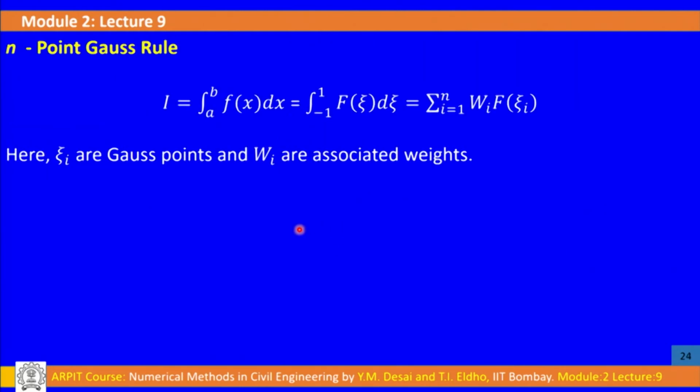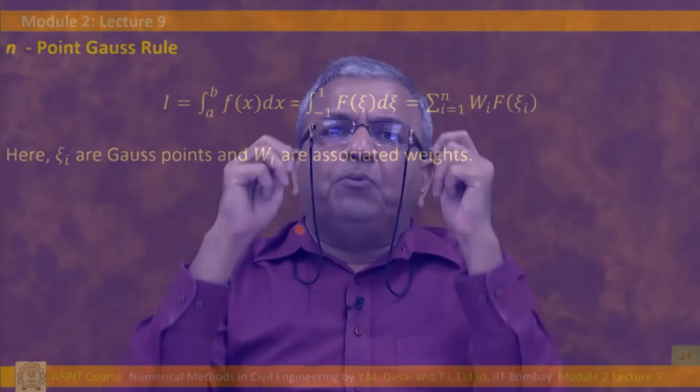So, extending the concept, we can talk about endpoint Gauss rule. Points where we sample the function in terms of which we work out the value of the integration, in honor of scientist Gauss, they are known as Gauss points and the expression as Gauss rule.